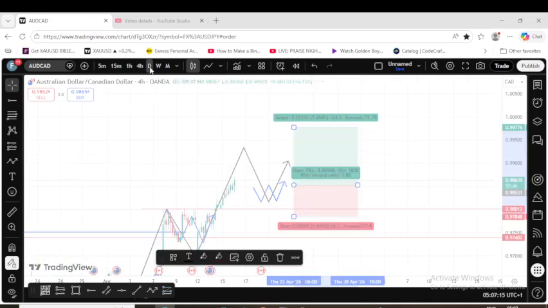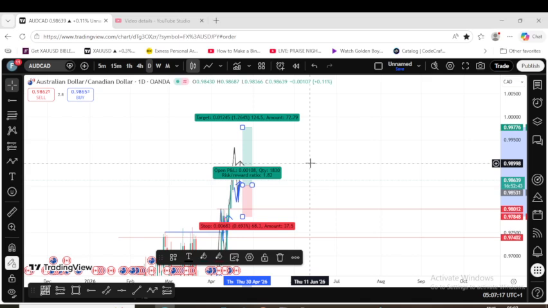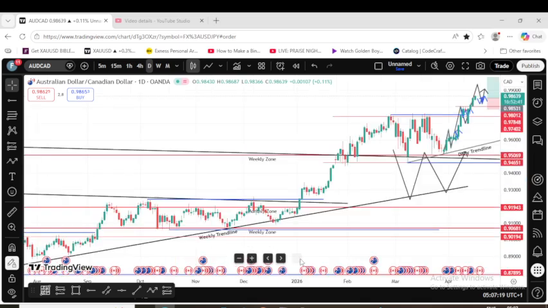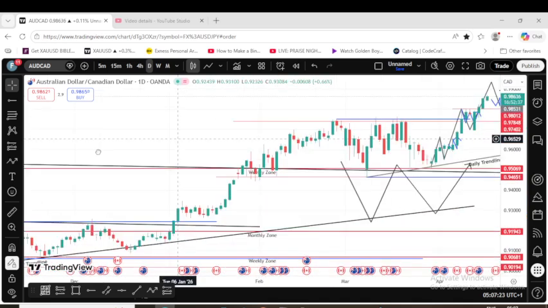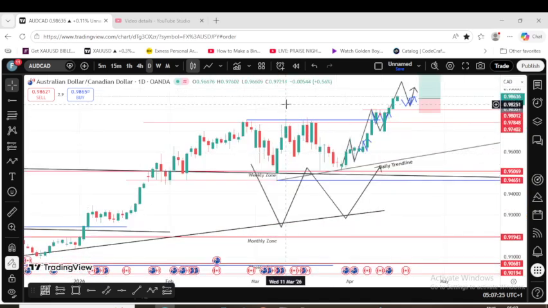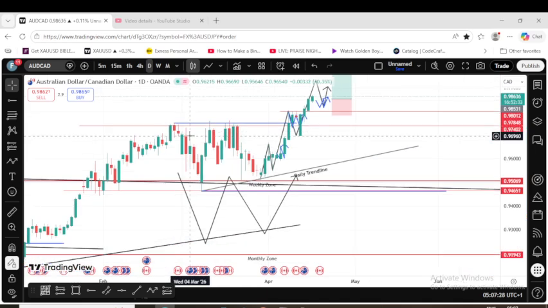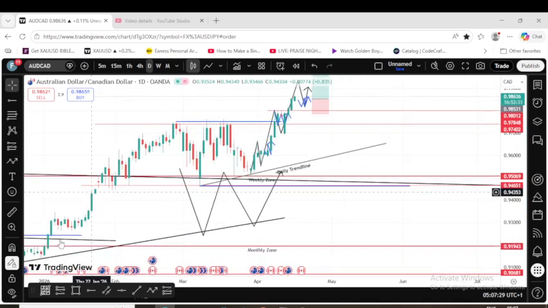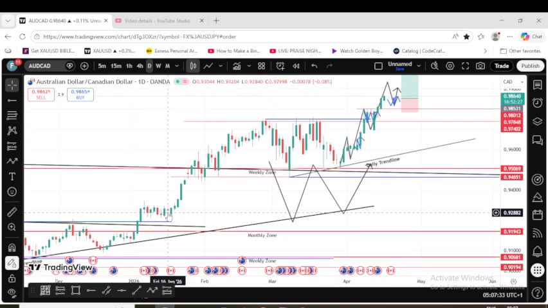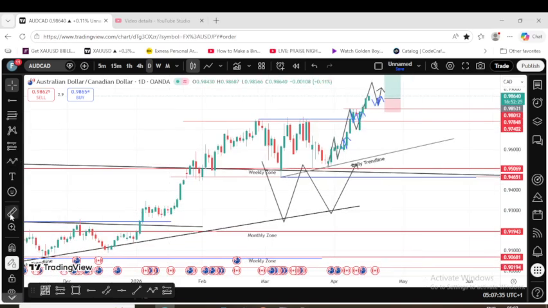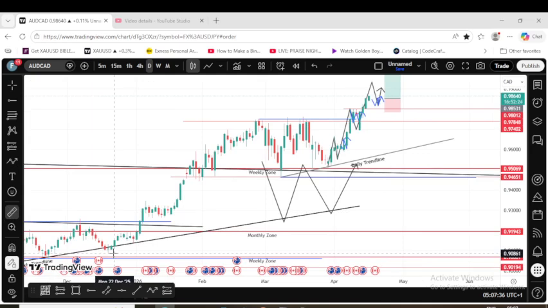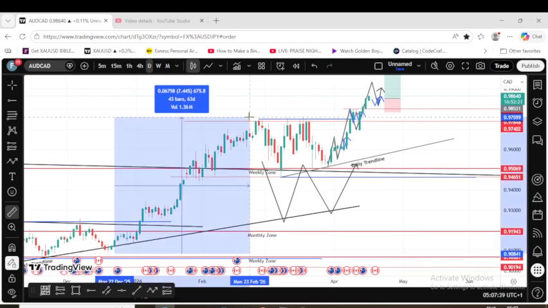So now if we go down to the daily time frame, compared to our typical market structure, let's zoom in. So compared to our daily time frame, what should we be expecting? You can see that from our previous low up until this point, price traveled about 600 pips.